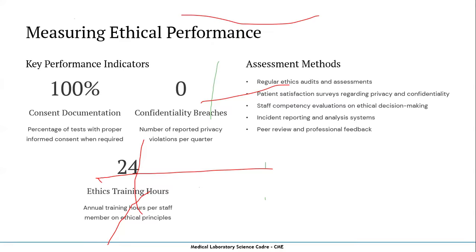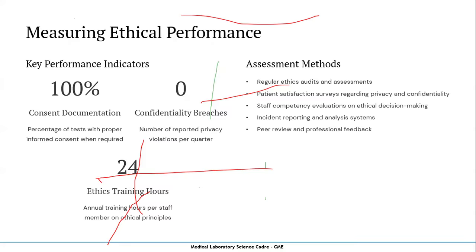Also, the number of hours that are dedicated to ethics training should be nothing less than 24 hours per year, whereby we just go through the ethical considerations or the ethical principles as professionals to help ourselves in doing our day-to-day work.